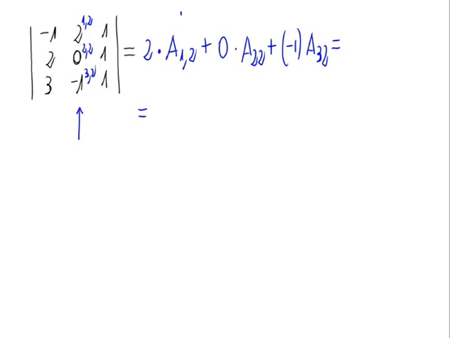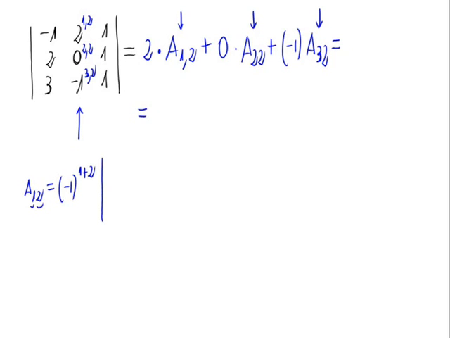Let's make it down here. So A12 would be -1 raised to the addition of the line plus the column, 1 plus 2. So now the determinant would be this.